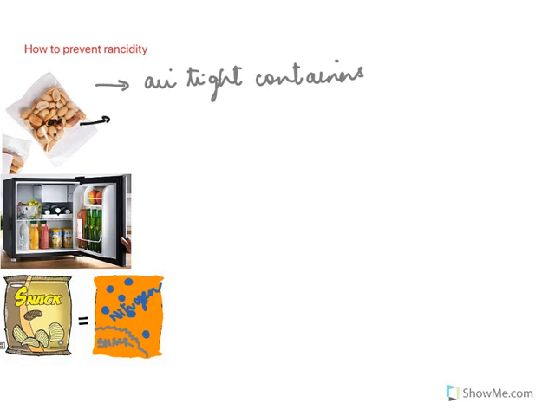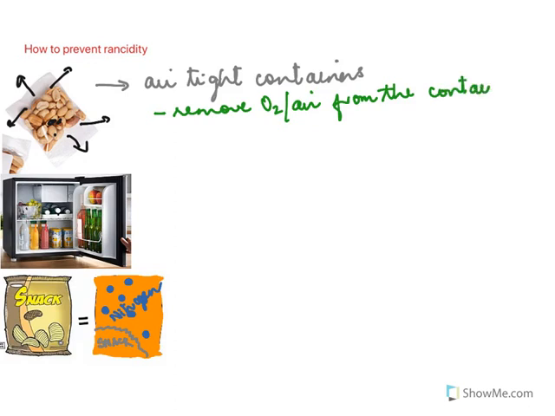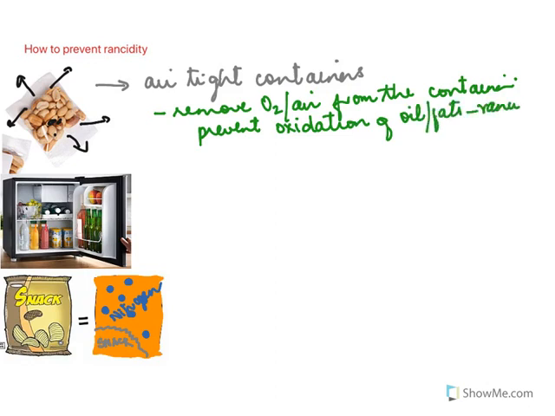All the air from the packet has been removed, and hence the packet becomes so flat without any air. So one method of preventing rancidity is to have airtight containers to remove the oxygen or air from the container, and this prevents oxidation of the oils and fats, and hence rancidity.